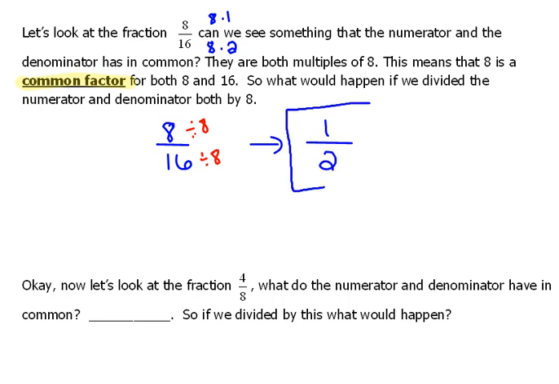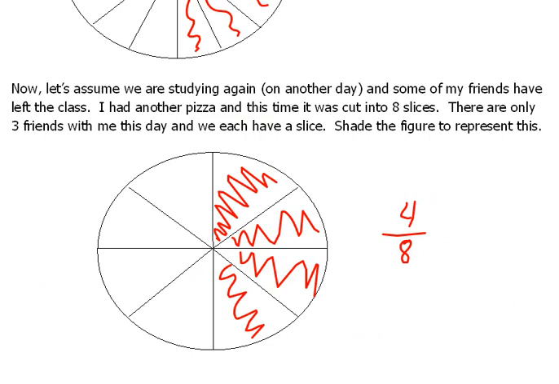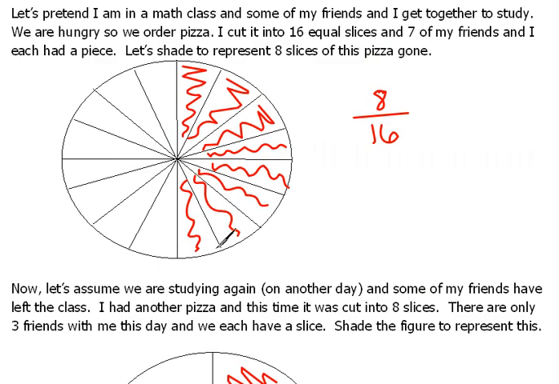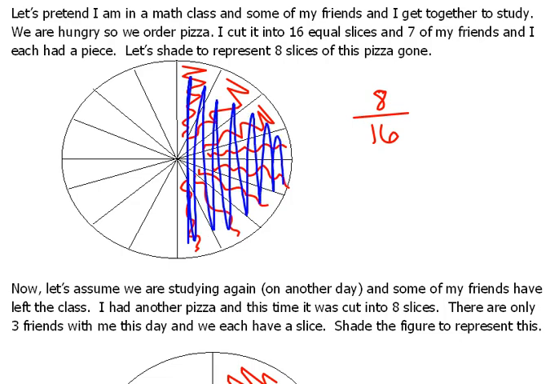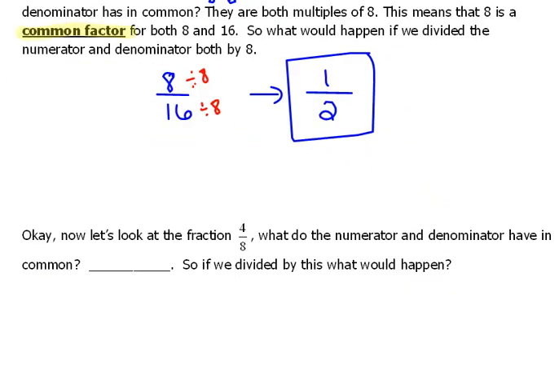And if you'll remember, when we were shading in our pizza earlier, let me see if I can go back to that picture here. This was the 8/16 that we shaded in. Doesn't it look like we've shaded about half of this pizza here? Absolutely. Because 8/16 can reduce down or simplify to 1/2.